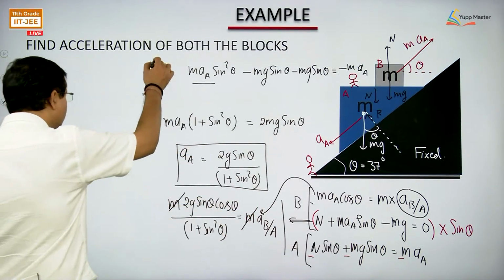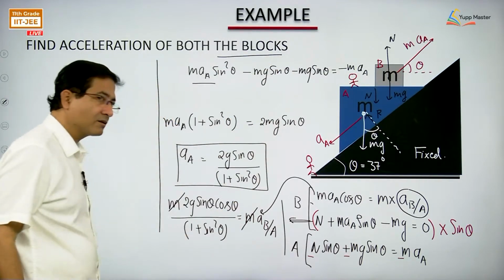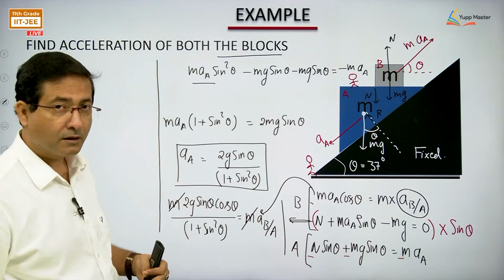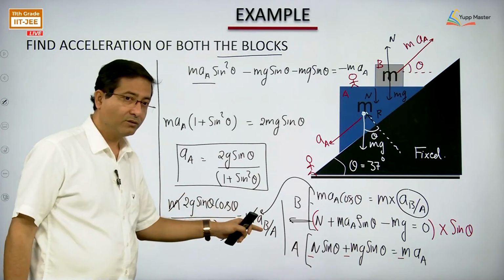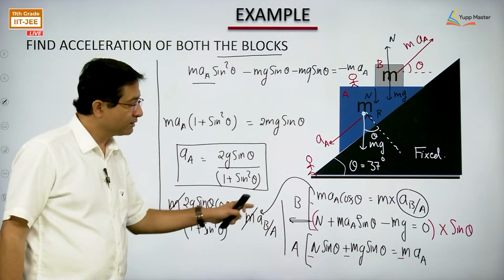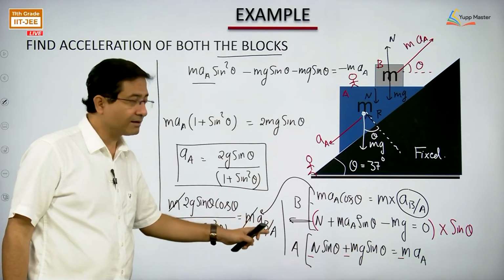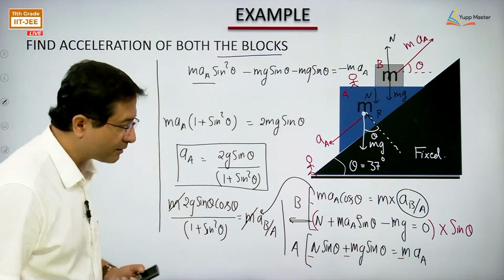You are asked to find the acceleration of the blocks with respect to ground, right? You got this value, which is the acceleration of B with respect to A, the relative acceleration, but you need to find the acceleration of B with respect to ground.